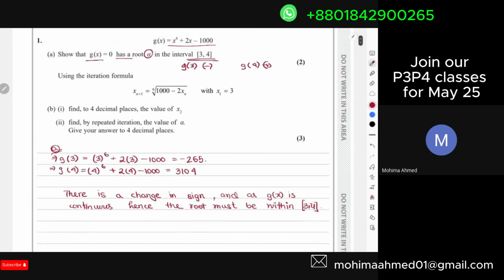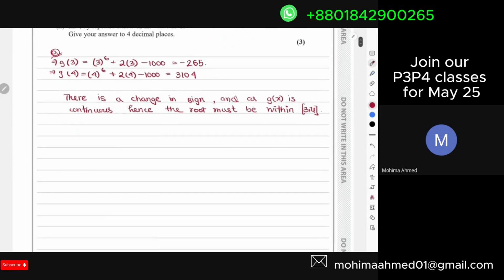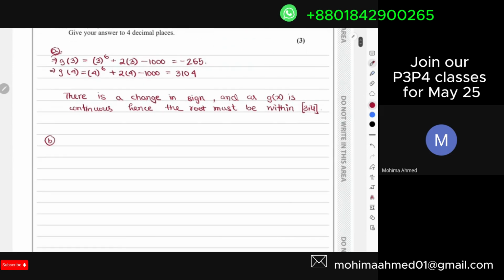After this, they are giving you the iteration formula, where x1 is 3. First, to 4 decimal places, calculate x2. The formula is the 6th root of 1000 minus 2x power n. For part b, I want to find out x(n+1), that's basically x2, which is going to be the 6th root of 1000 minus 2 times x1.